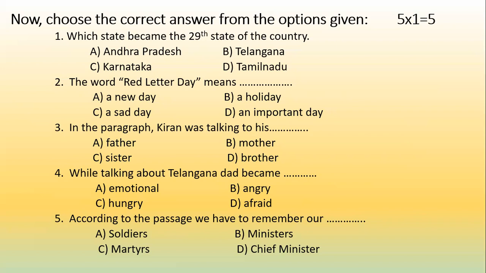So third number, and you will be writing A, father. 4. While talking about Telangana, Dad became: A, emotional, B, angry, C, hungry, D, afraid.